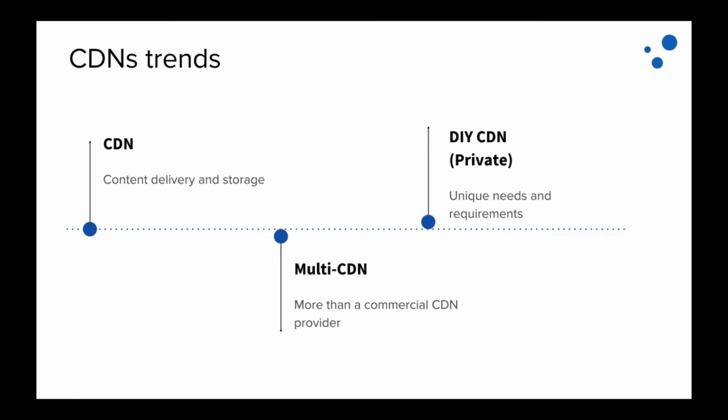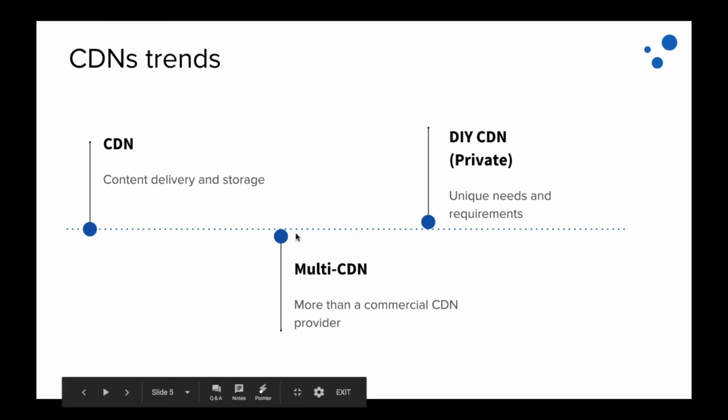Throughout the years, at the end of the 90s, beginning of 2000, and also mid 2000, so 2005, 2007, the internet became more available to pretty much everyone. We also saw the growth of e-commerce, and more businesses started using a website worldwide, and that's where we moved on to a multi-CDN approach.